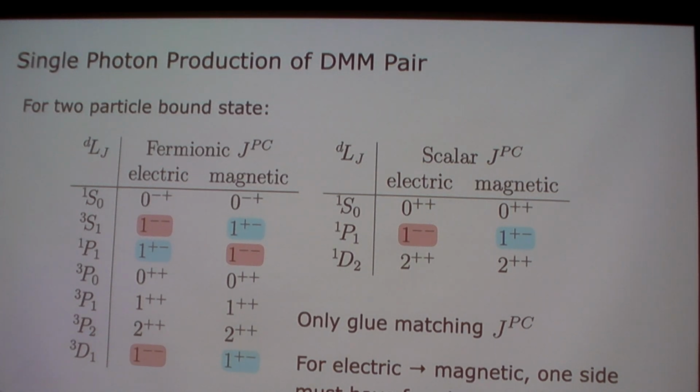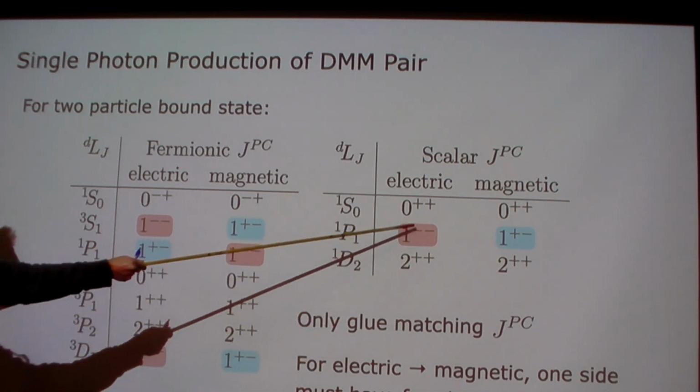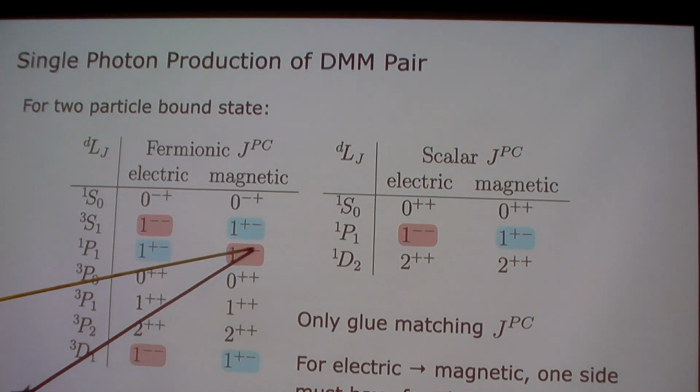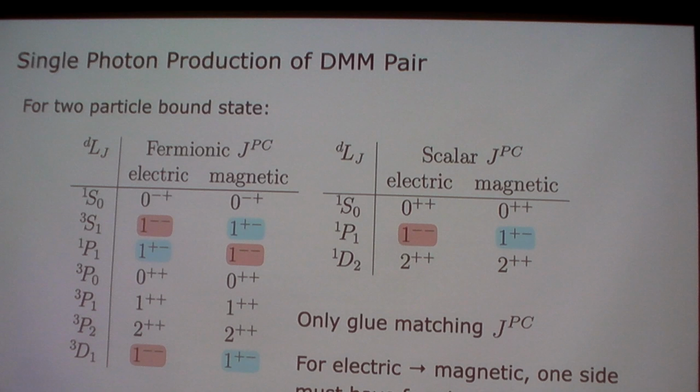So if you pick blue for electric particle, then you can only go to that one, or you can also go to fermion with magnetic charge. So it's like this can go to here, here, or here, and this can go to here, here, or here.